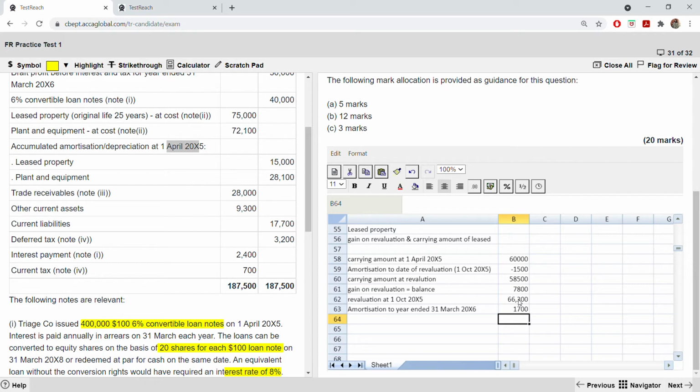So this is amortization, always deducted. Again put a minus sign outside before the bracket. Now, sorry, you need to put the equal sign, otherwise the sum function will not work. This and this, so this is the amount, the carrying amount at 31st March 2006.